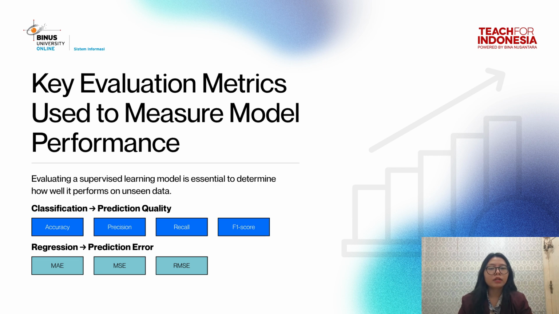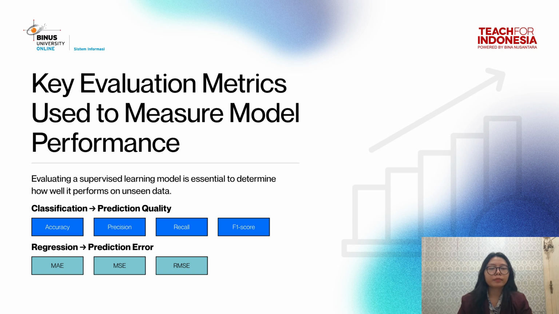And for regression tasks, the focus shifts from classification correctness to prediction error. Instead of measuring whether a prediction belongs to the correct category, regression metrics evaluate how close the predicted value is to the actual value.